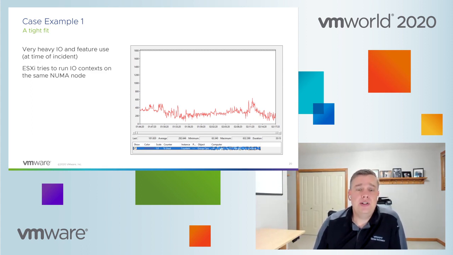Now what we do as a result of this, for efficiency, is the worlds in which we're doing some of this IO, we try to schedule within the same NUMA node. Because if we can keep those processes together, we can benefit performance-wise from scheduling that. But obviously now we're creating some contention.